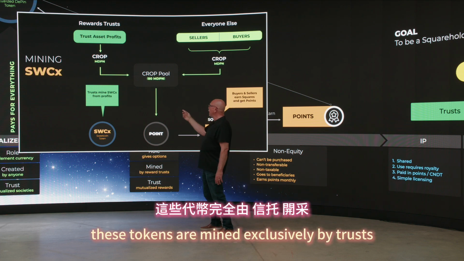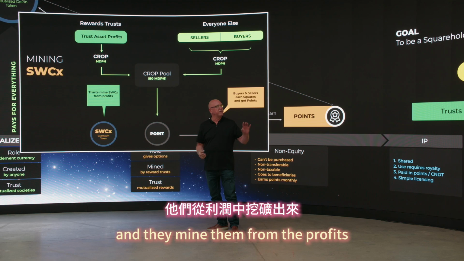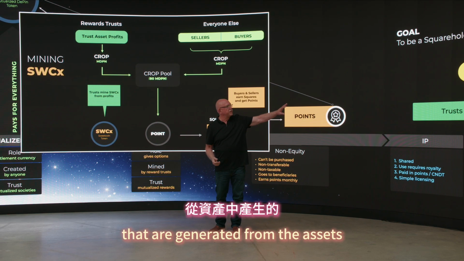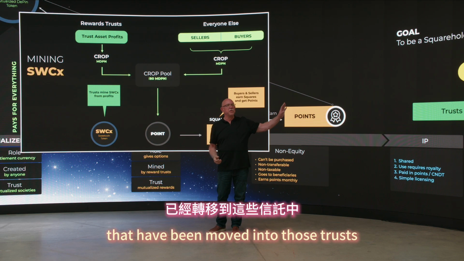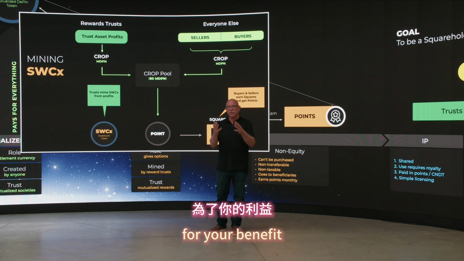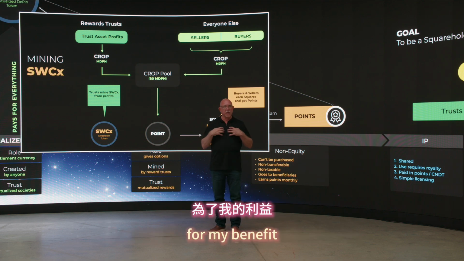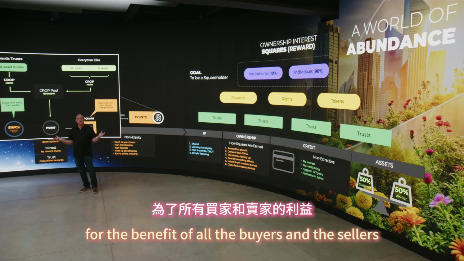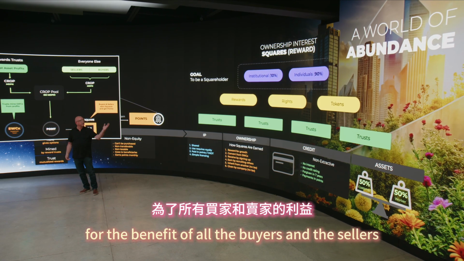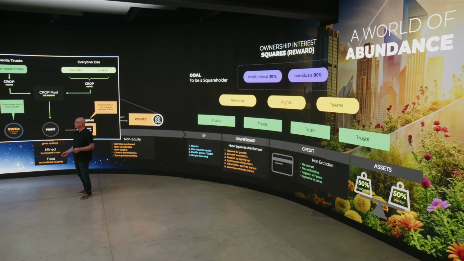These tokens are mined exclusively by trusts, and they mine them from the profits that are generated from the assets that have been moved into those trusts for your benefit, for my benefit, for the benefit of all the buyers and the sellers in the world of abundance.